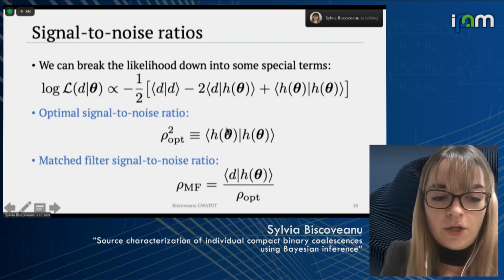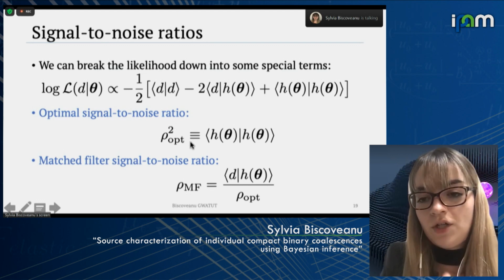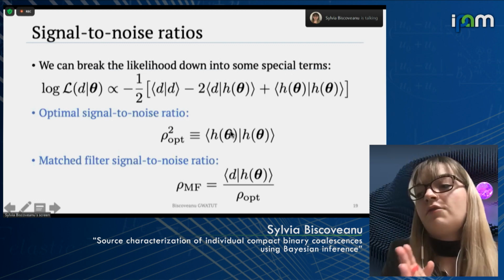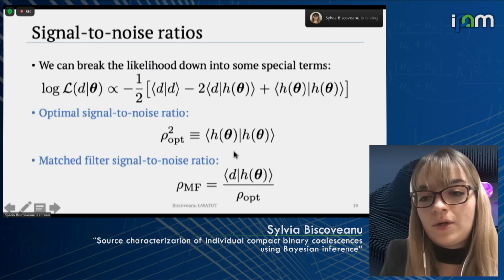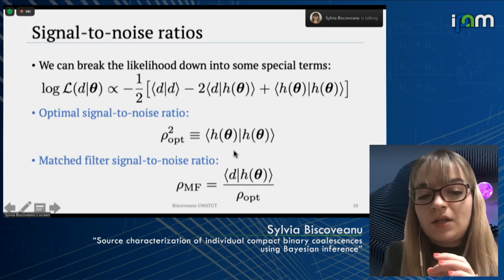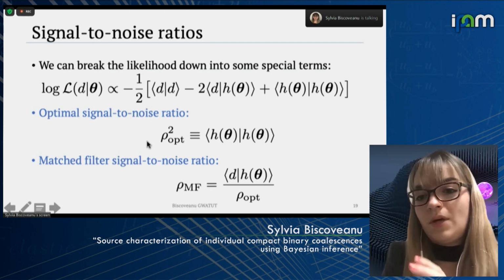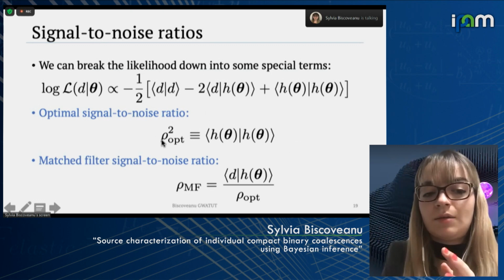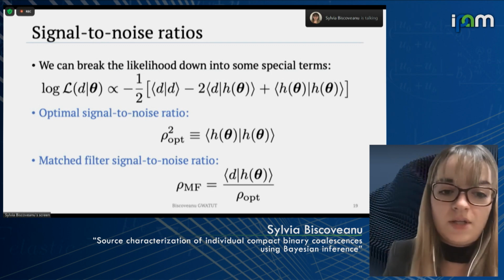This third term is defined as the optimal signal-to-noise ratio squared. This is basically if you get a signal with these parameters theta and you had absolutely no noise in the detector, this is how loud you would measure it to be. This is why it's optimal, because under this assumption, you're operating in an ideal detector with no noise.